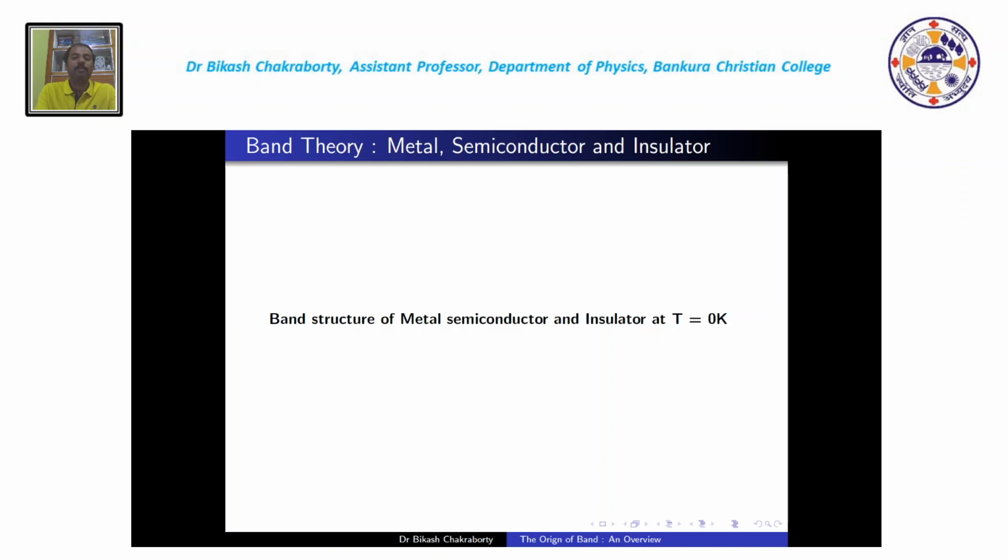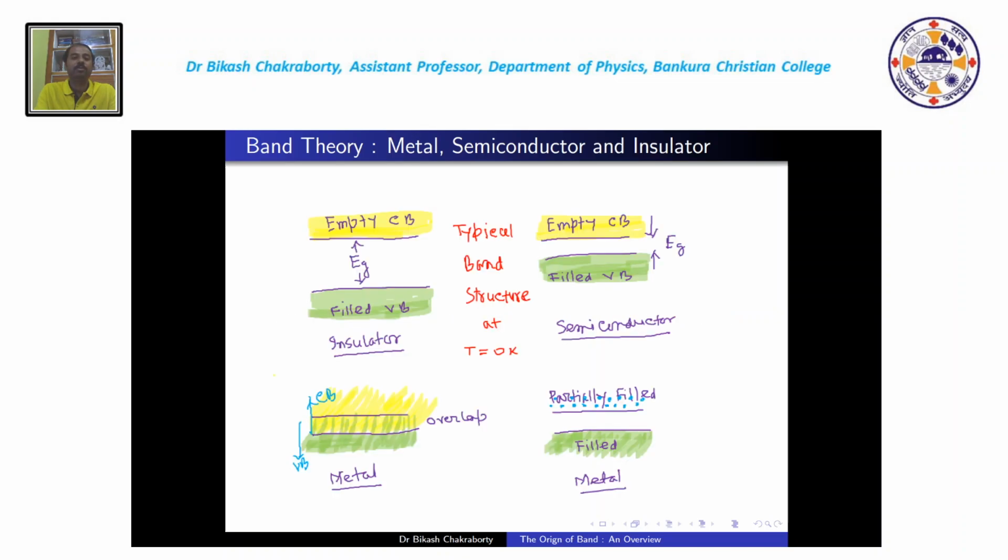Now, from the band structure, we can differentiate metal, semiconductor, and insulator at T equal to 0 Kelvin. As we all know from our 10+2 level, in case of insulator, this energy gap is very large.